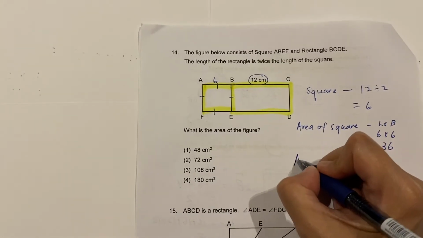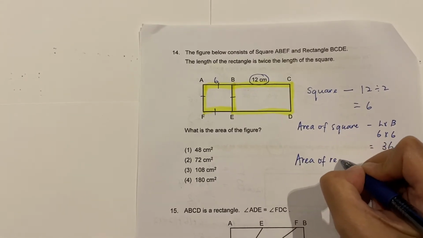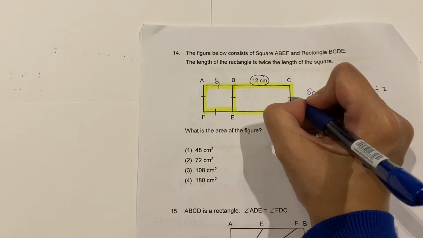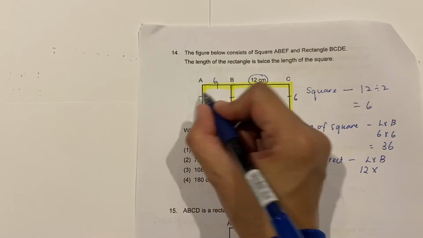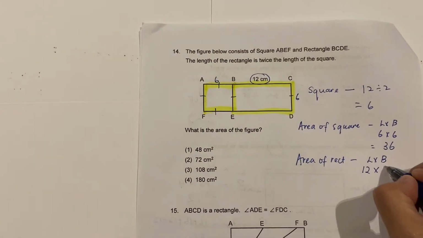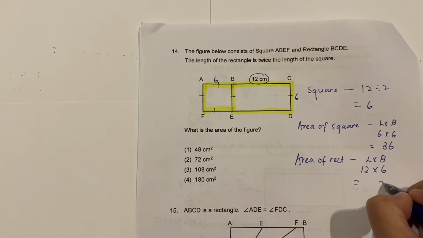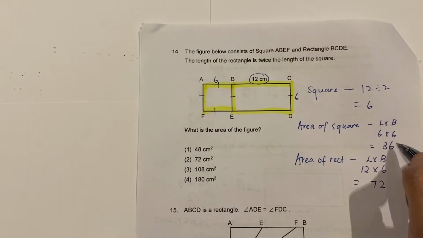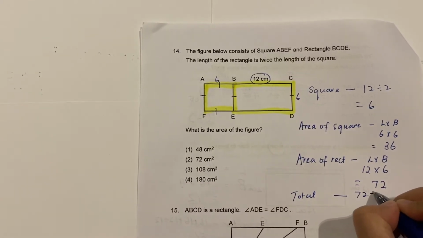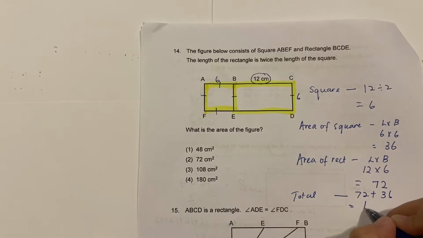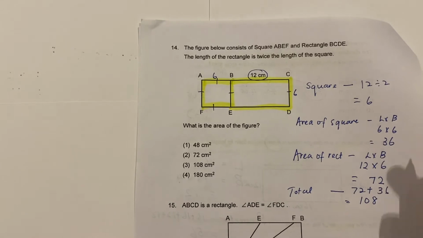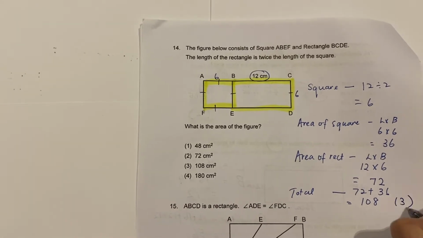Area of rectangle, length times breadth, which is 12 times, now this part is also 6, so that will be 72. So total area: 72 plus 36, your answer is 108 centimeter square. Your answer for number 14 is number 3.